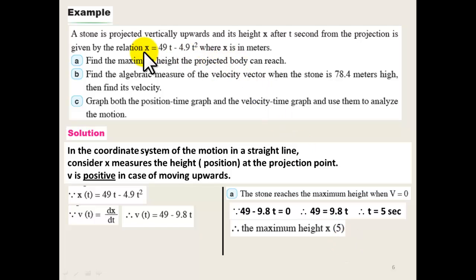As I said before, x is a function of t. After 5 seconds the body will reach the maximum height, and to calculate it we substitute t equals 5. So x(5) equals 49 multiplied by 5 minus 4.9 times 5 to the power 2, which equals 122.5 meters. So this is the maximum height.